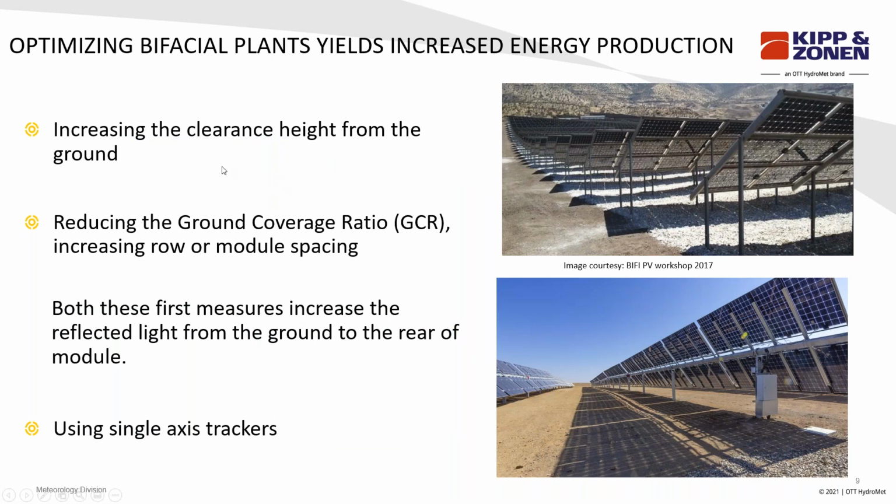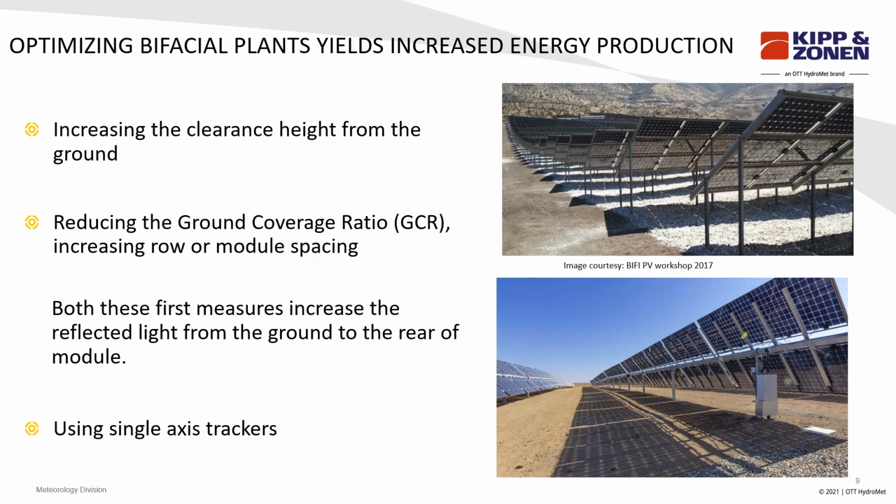Some other factors of influence are the clearance height from the ground. So on the right, you see an image of the plant that was already shown before, where the modules are mounted relatively high from the ground. And when you do that, you get more light on the rear of the modules. Another factor of influence is the ground coverage ratio, or basically how much spacing there is in between the rows and also in between the modules.